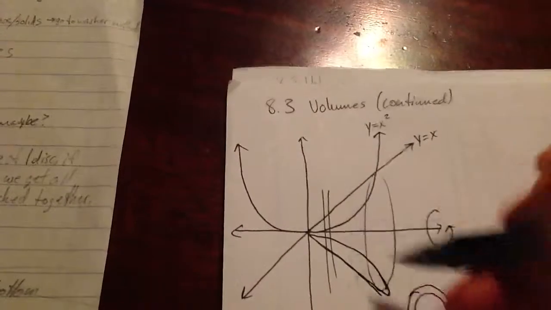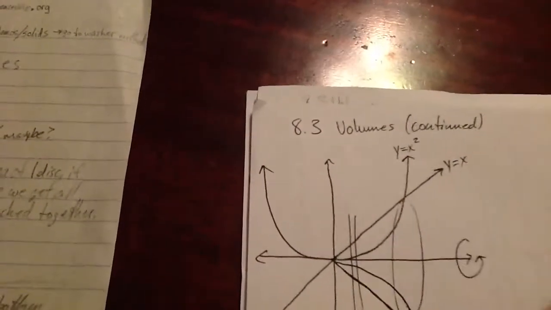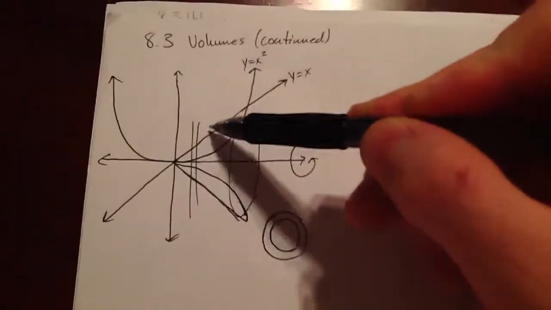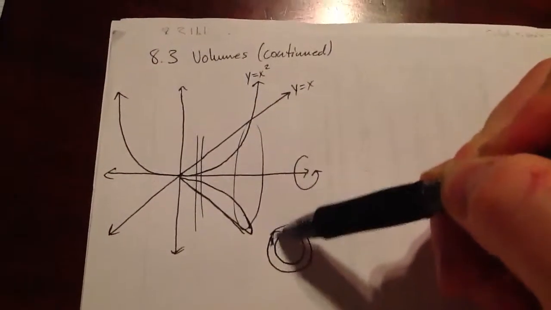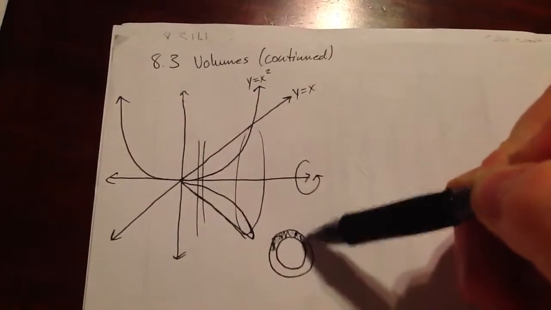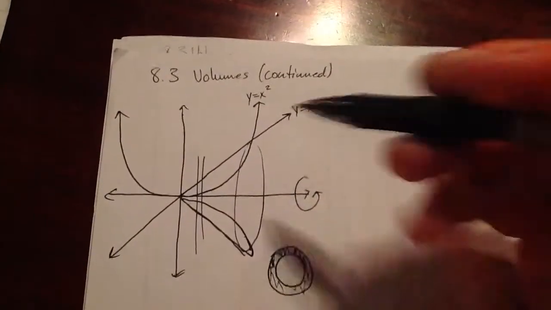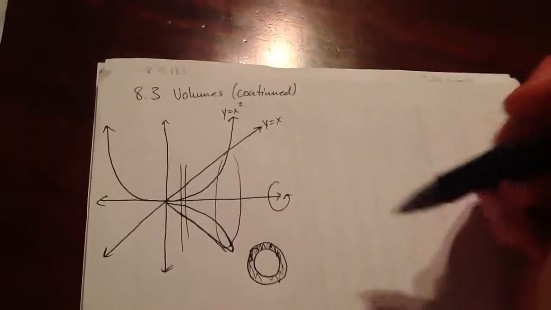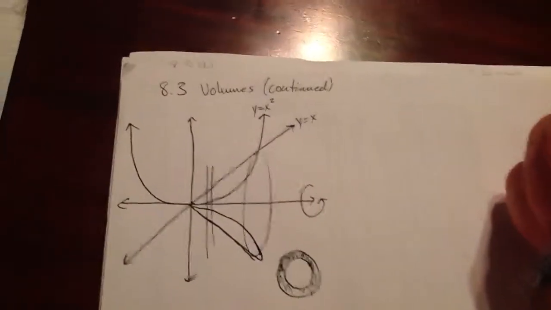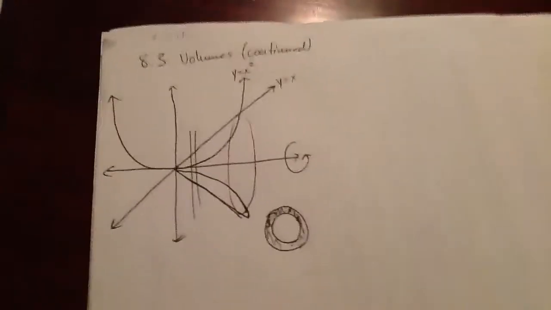Obviously, if I cut it out of the middle here, the width of the material is going to be thicker. If I cut it out of the end, this is going to be thinner. And so that's going to change over time. So if we can figure out how to calculate the area of one of those washer-shaped cross sections, we'll be good, and we can integrate and get the volume.